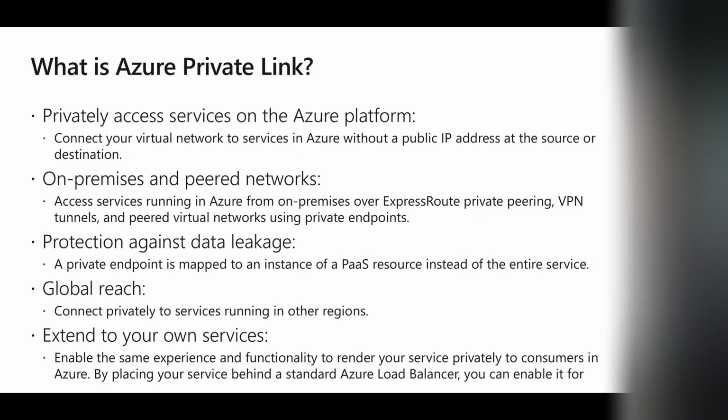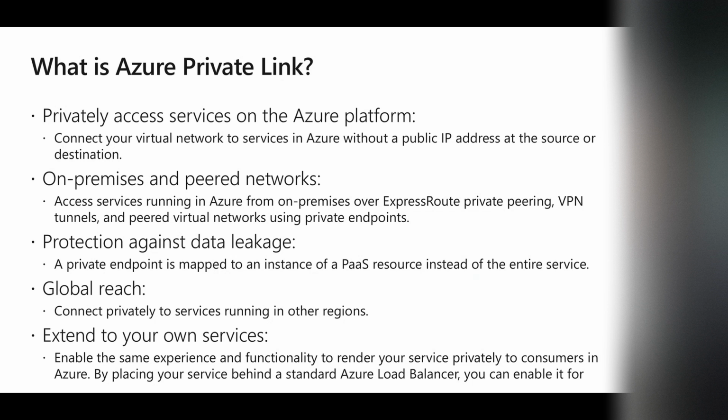What is Private Link? Private Link is an Azure network fabric level capability which allows you to access services over a private endpoint. Those services can be first party Microsoft services like Azure Storage, Azure SQL, App Service, things like that, or third party.